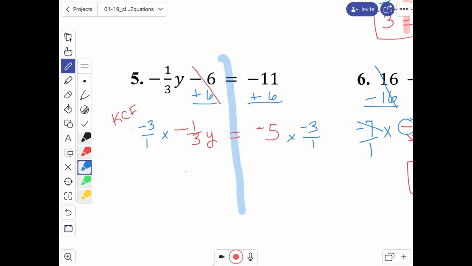And you have to do it on both sides. Of course, the -3's cancel, the 1's cancel, and y is by himself. And then on the other side, -5 times -3 makes 15/1, which is just 15.